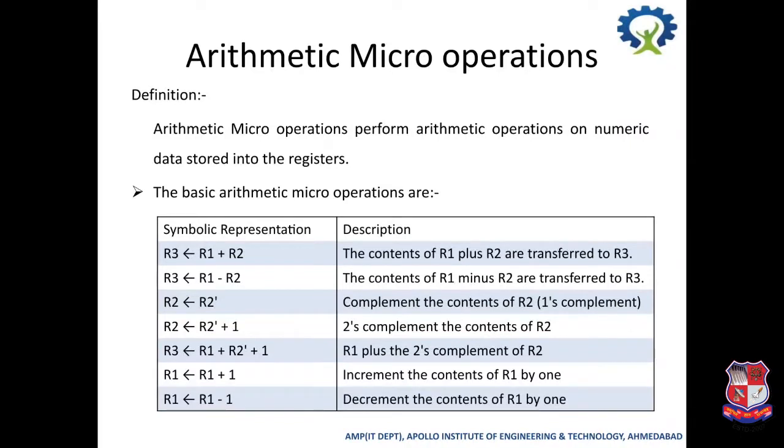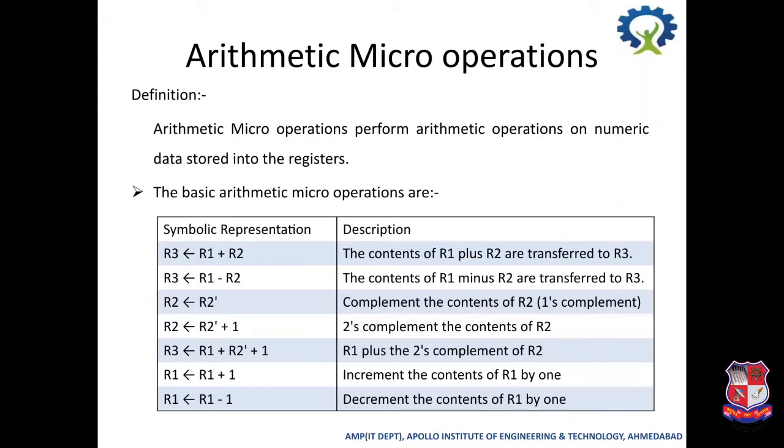In this, the content of R1 plus R2 is transferred to the register R3. In the second operation, there is a subtraction operation. The content of R1 minus R2 is transferred to another register R3.